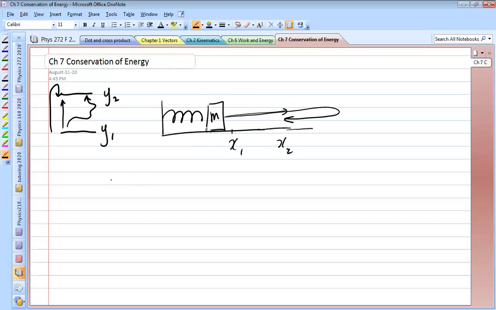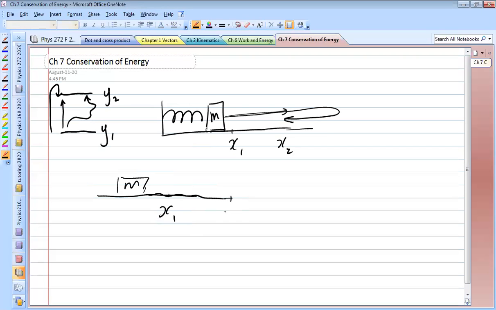Notice friction is definitely not a conservative force. So if we were moving a mass along a rough table, the amount of work we do totally depends on how we get from position 1 to position 2. So if we just go straight from 1 to 2, it's not nearly as much work as if we drag it past and bring it back, because you're losing heat the entire time on this longer route.